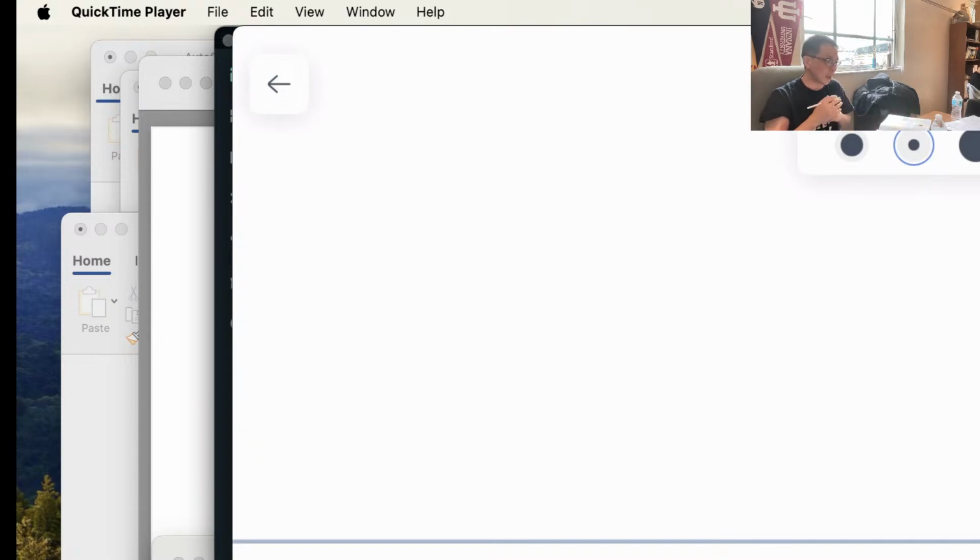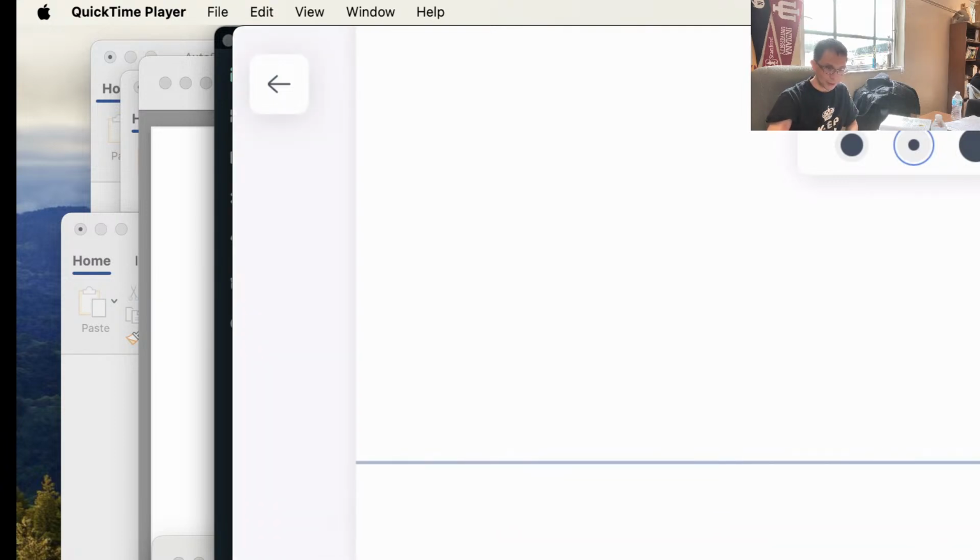Okay, let's talk about sequence first. If you ever have a sequence like this, this is called an arithmetic sequence.